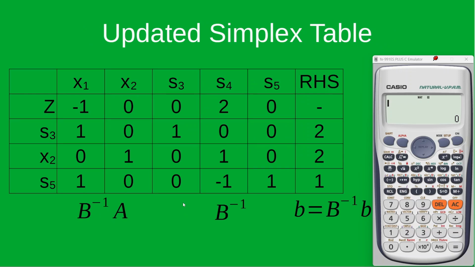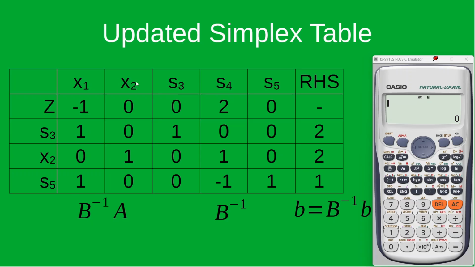So the updated simplex table is now on your screen, where the coefficients of x1 till s5 are going to be -1, 0, 0, 2, 0. And of course, the updated basic variables are now s3, x2, and s5. And the coefficients for this are given under x1 and x2.